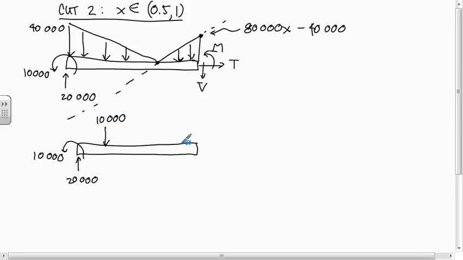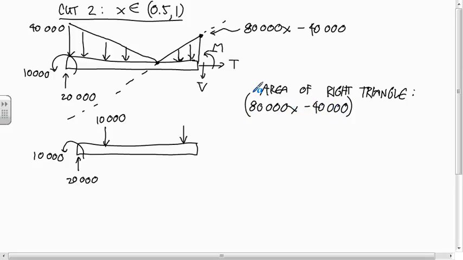And then we have this triangle, the area of this triangle is 80,000 x minus 40,000. And what's the width of this triangle?